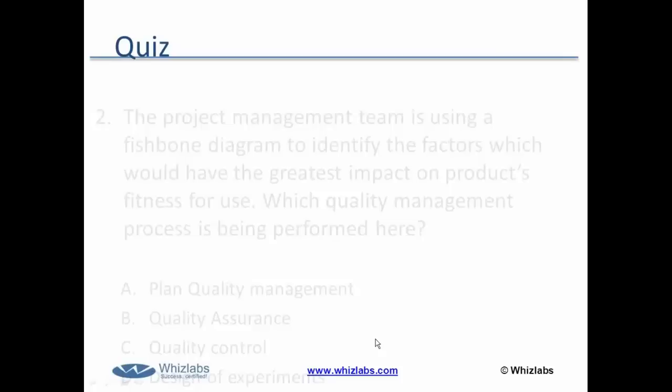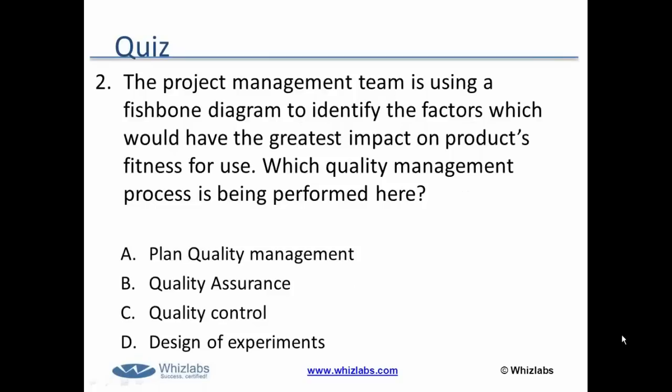Identification is done during the planning phase. During assurance you will execute your plan, and during controlling you will check quality, whether the quality is as per the acceptable limit or not. Here it is identifying the factors which can have the greatest impact on fitness for use. So which are the factors which can impact your fitness for use requirement of your particular product? So plan quality management is the correct answer for this question.